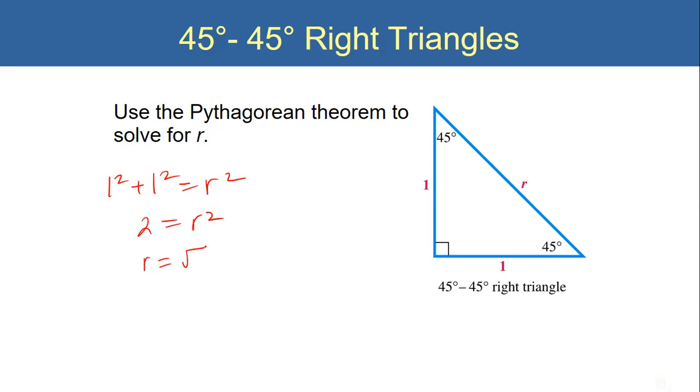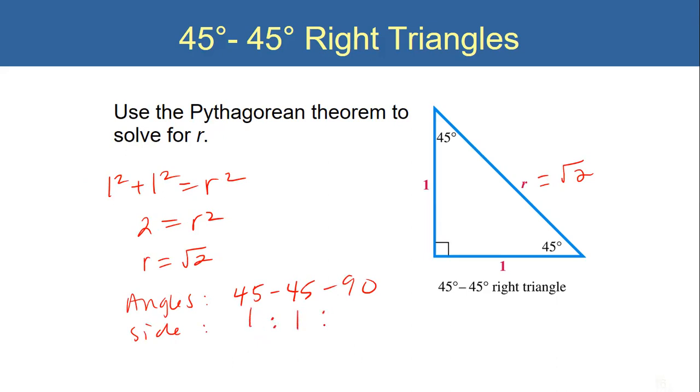So r equals the square root of 2. Okay, so for all 45-45-90 triangles, its side ratios are gonna be 1 to 1 to the square root of 2.